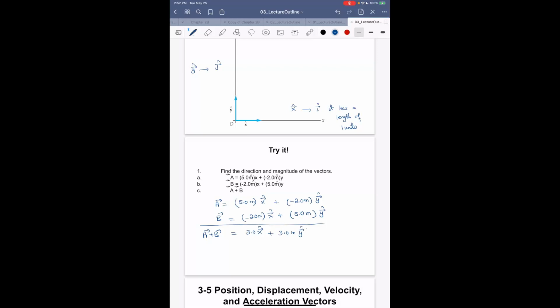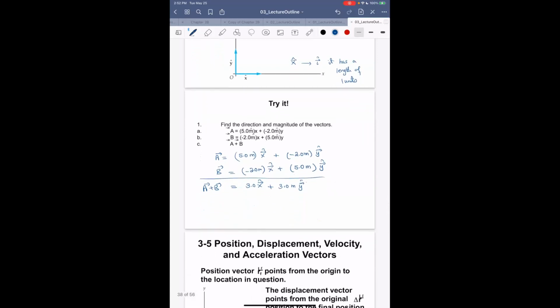Then this is how we're going to find the vector. Of course, this is to calculate the vector in unit vectors. If you wish again to calculate the magnitude of A plus B, you need to do the Pythagorean again. Okay, like this one here squared plus this one squared, and also you can find tan inverse for that vector if you wish to calculate also the direction.